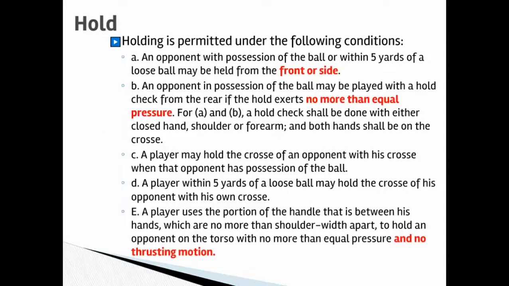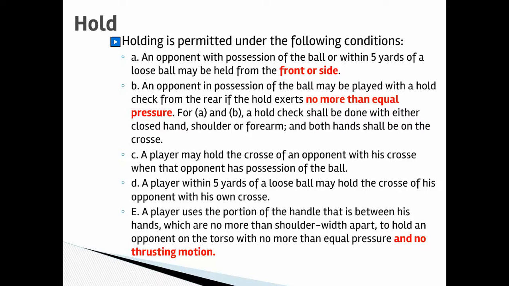So when is holding permitted though? You can hold an opponent who has possession of the ball, or within 5 yards of a loose ball from the front or side, given that there is no more than equal pressure. So that equal pressure is something we're trying to identify.